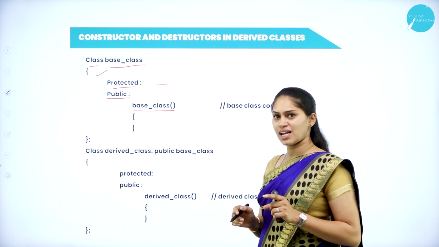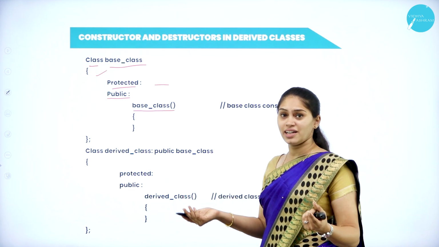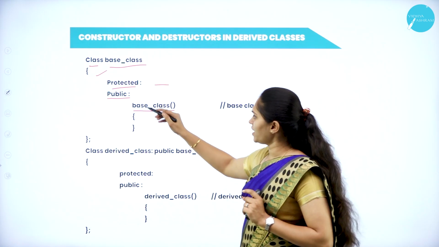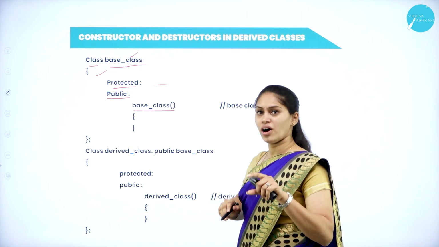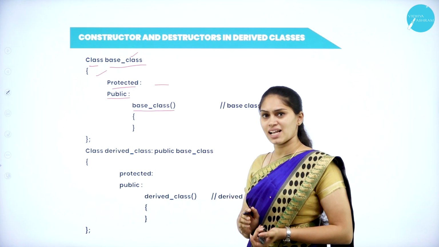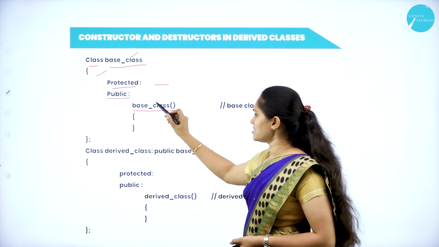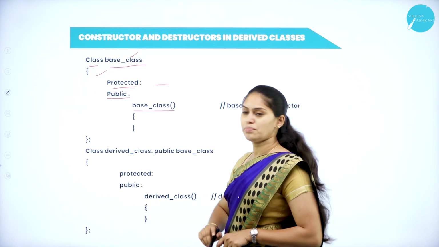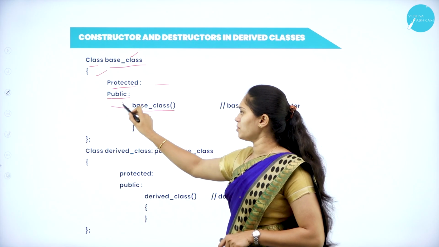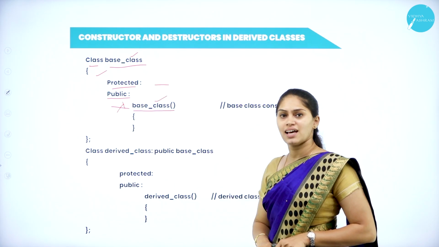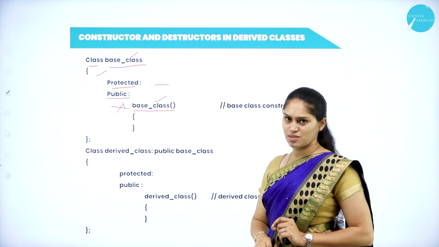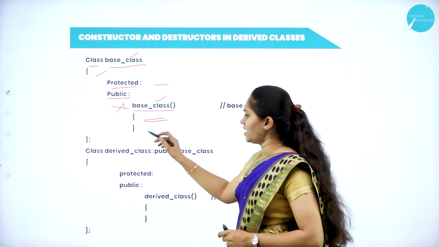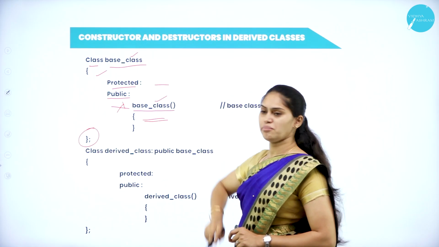I am calling this base class a member function because I don't know whether it is a constructor or a normal function. So I need to check whether the member function name is the same as the class name. Yes, it has the same name as the class, it comes under the public section, and it has no return type, so I can say that this base class is a constructor. It has some lines of code, and it ends the scope of this base class.